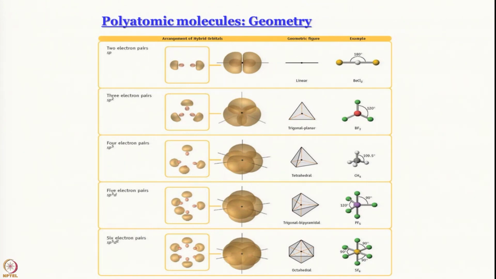But then that gives up the biggest advantage molecular orbital theory has over valence bond theory, and that advantage is that of delocalization. What I am trying to say is this: suppose we are talking about methane.